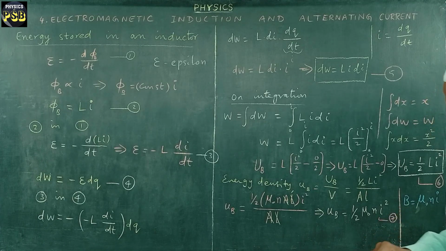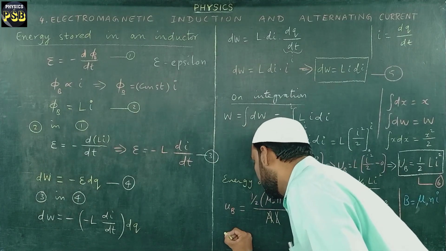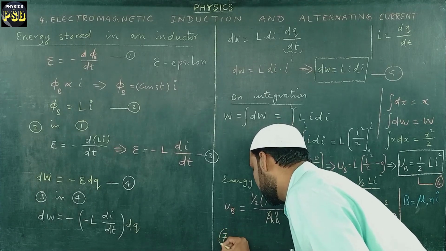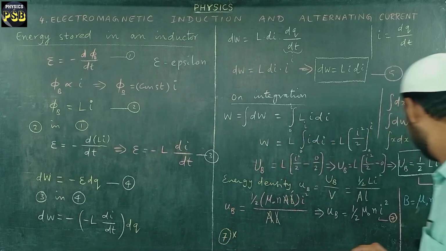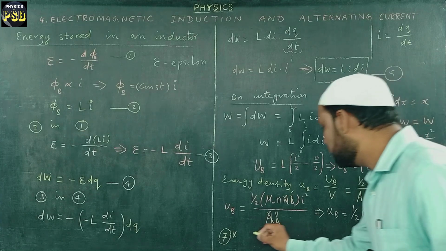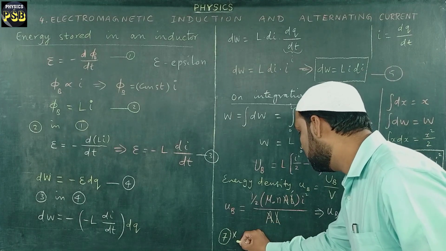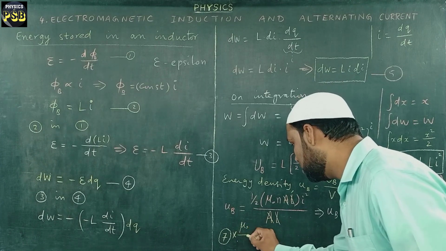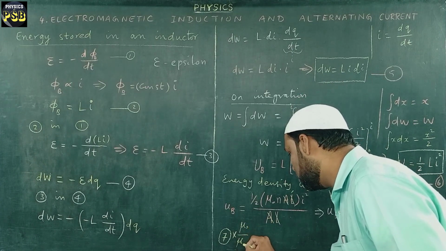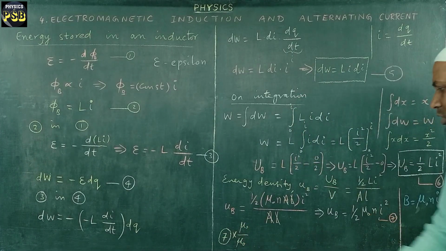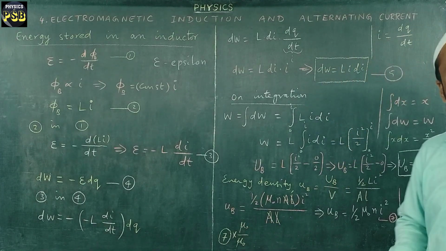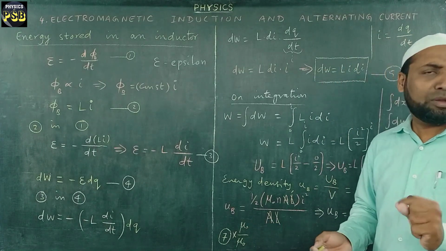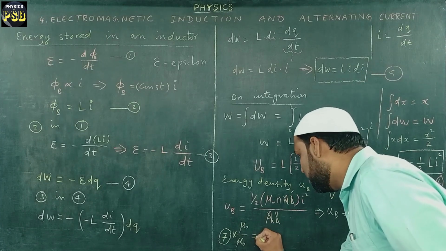Okay, now I multiply equation 7 with mu naught and also divide by mu naught. If I do so, the value is not going to change because mu naught divided by mu naught is 1. Whenever you multiply something with 1, the value remains the same. So what will I get if I do so?